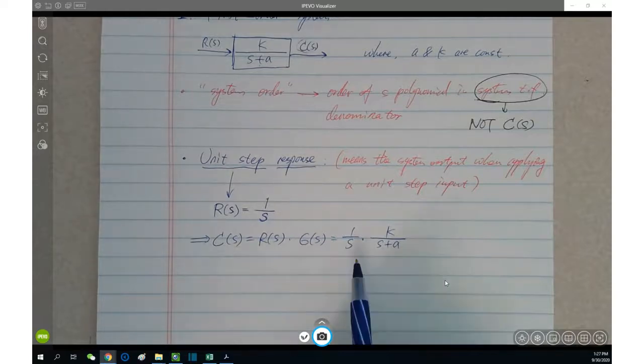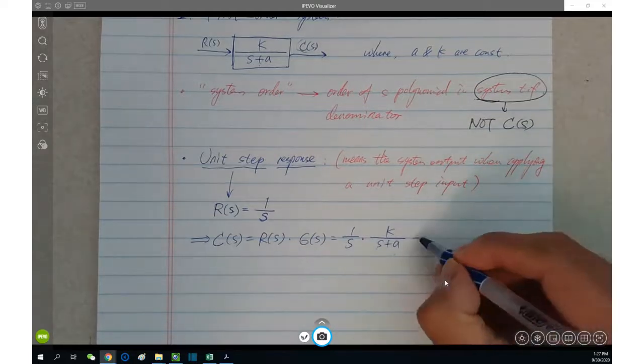So this is the output in the frequency domain, in the S domain. Be very careful: this is the frequency domain output signal. Then what we're going to do is partial fraction on this so that we can find c of t. How to do this partial fraction?